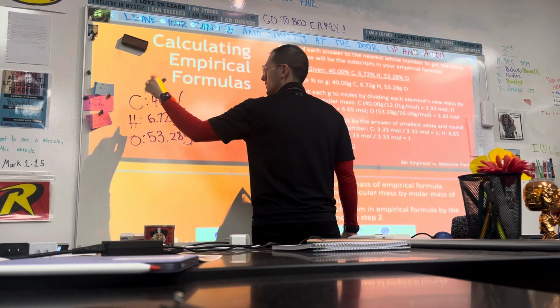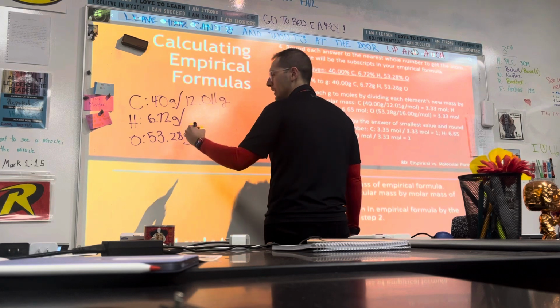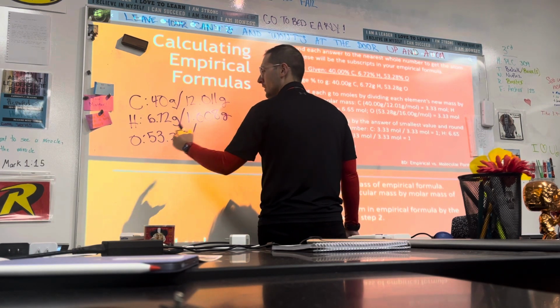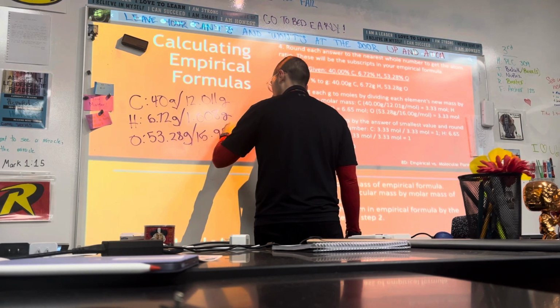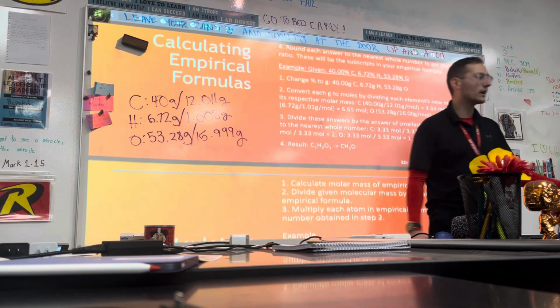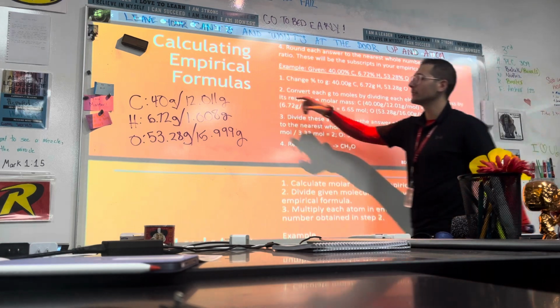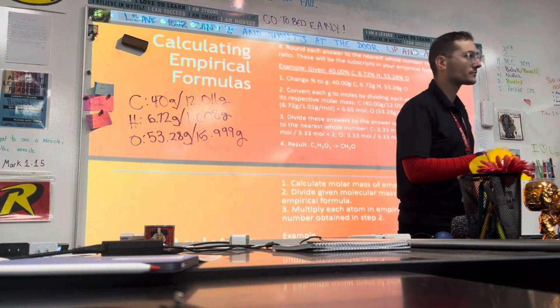So carbon, I'm going to divide by 12.011. H, I'm going to divide by 1.008. And O, I'm going to divide by 15.999. Where did I get those numbers? Okay, good. So you find those numbers in the table, and you divide each of your terms so that all of them are in moles.